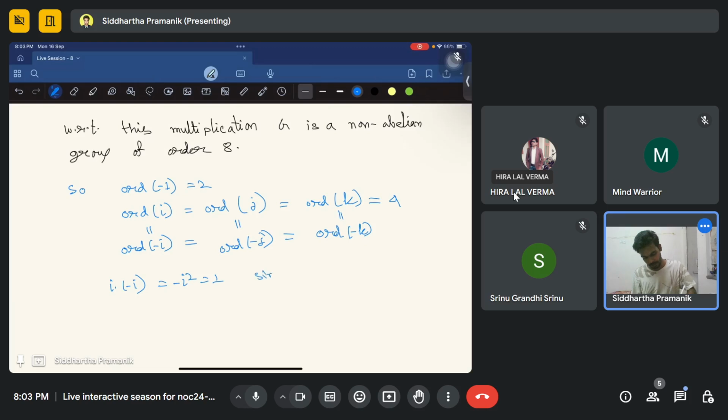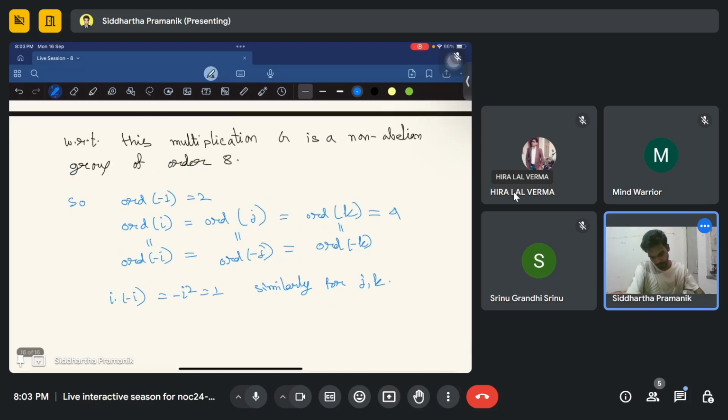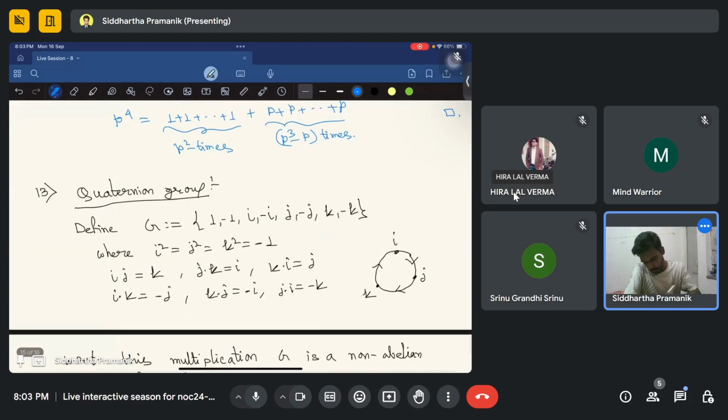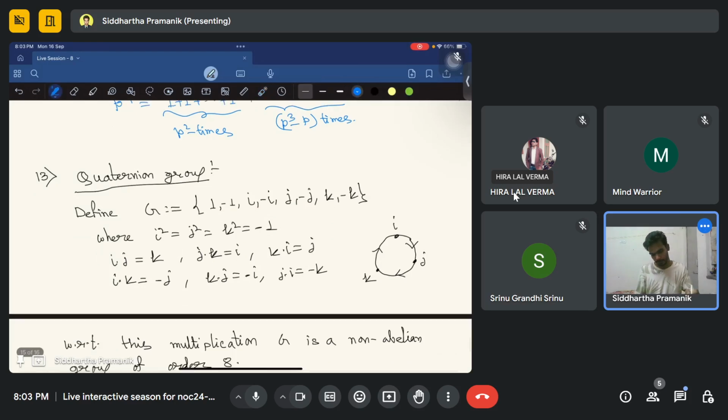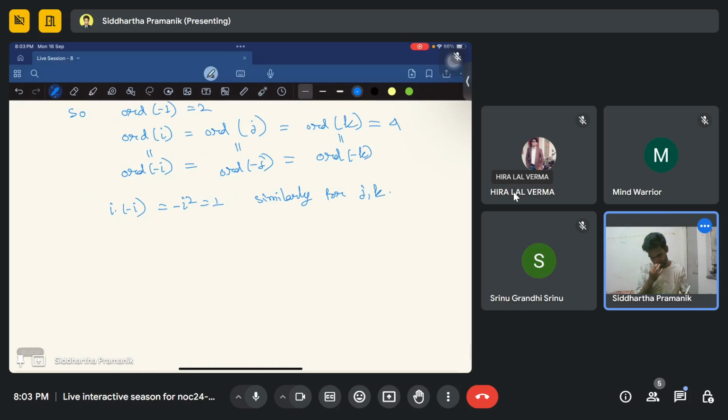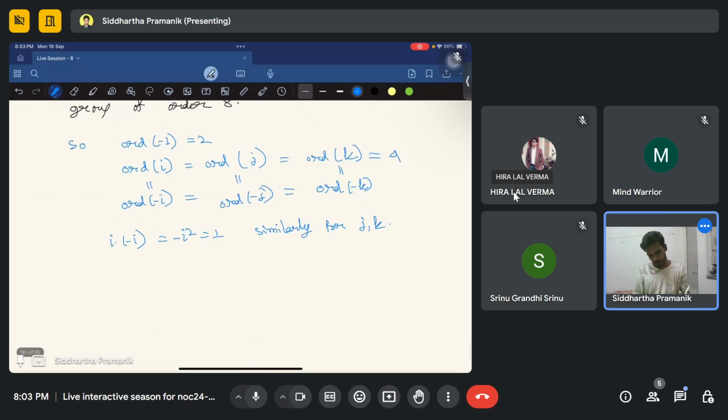Similarly for the others, so you just do the multiplication table. It has only one element of order 2, which is -1, and the remaining 6 elements have order 4. The inverse of i is -i, of j is -j, of k is -k.